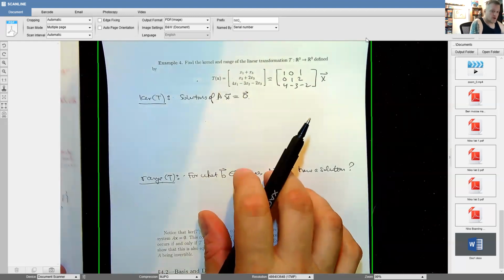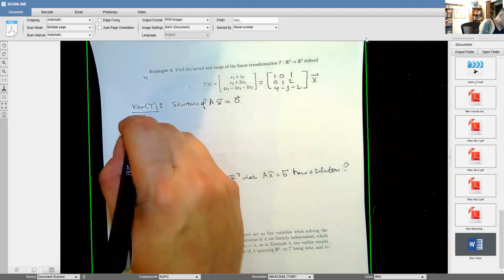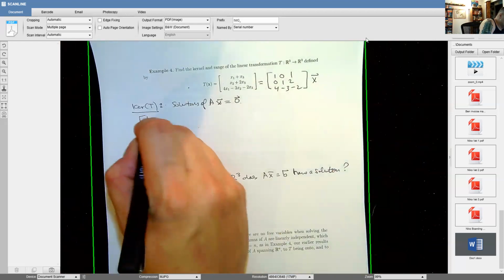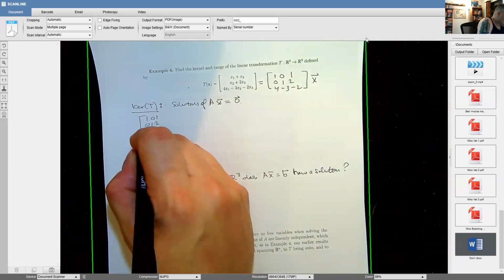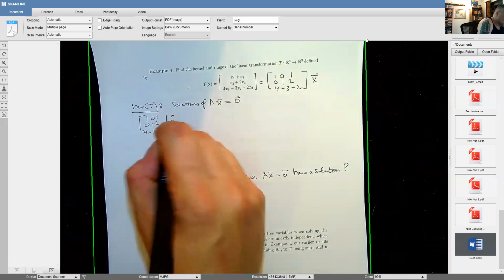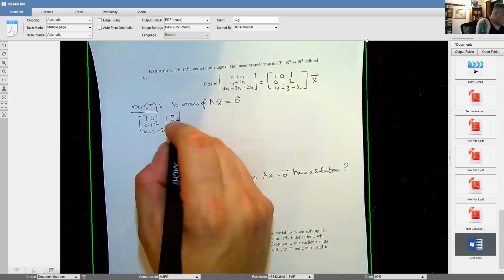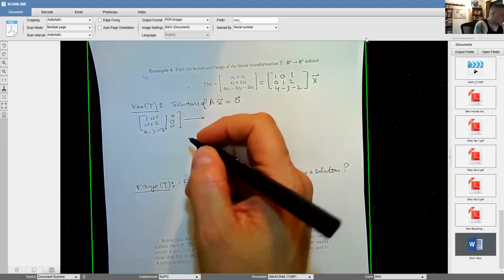So let's just go through our usual scheme of setting up the augmented matrix. So we have 1, 0, 1, 0, 1, 2, 4, -3, -2, and then bar 0, 0, 0. And the idea is to put it into echelon form as usual so that we can identify what the solution is.